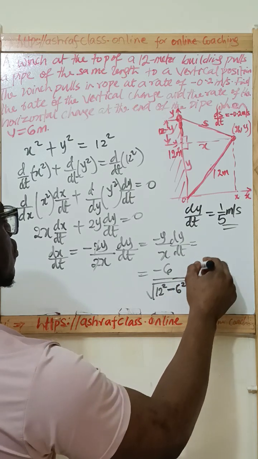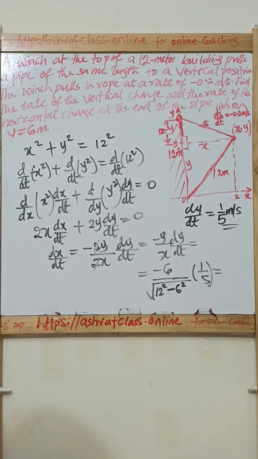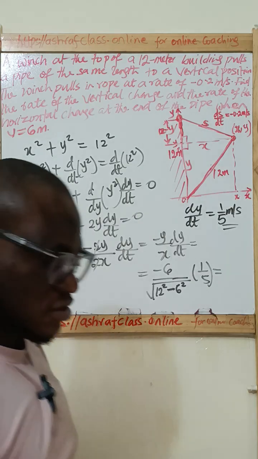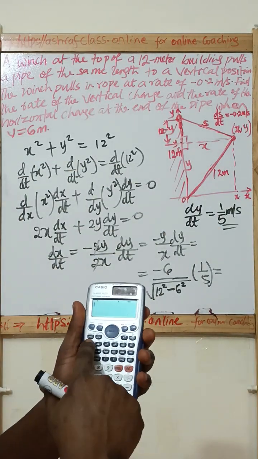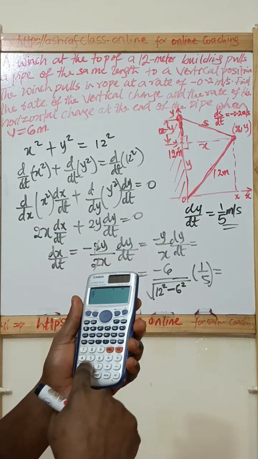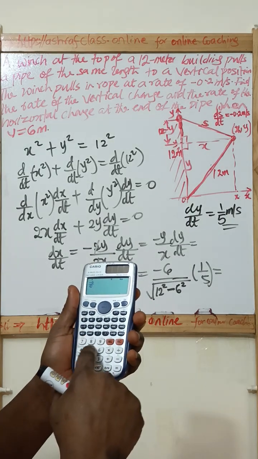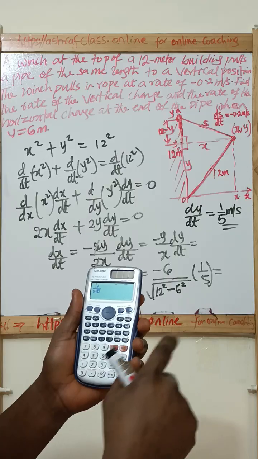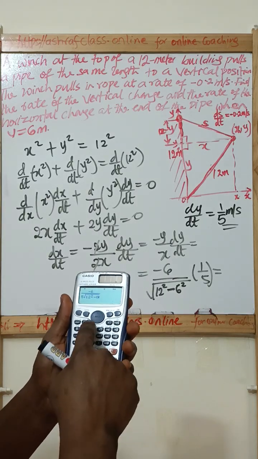The dy dt is what? 1 all over 5. By the time we put everything in the calculator, then we are going to have our answer to be minus 6 over 5 square root of 12 squared minus 6 squared.